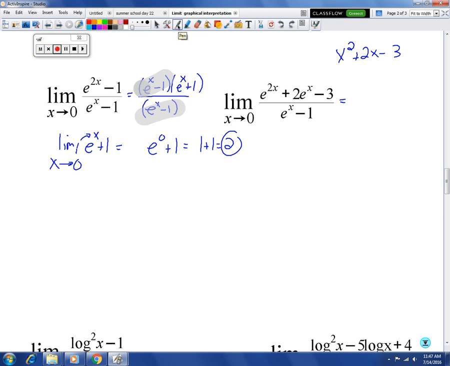x squared plus 2x minus 3. You'd say x and x. The 3 is a 1 times a 3, a negative 1 times a 3, or a 1 times a negative 3. And you'd say, well, I'm going to pick the negative 1 and the positive 3. That's the same thing you're going to do here with this e to the 2x.